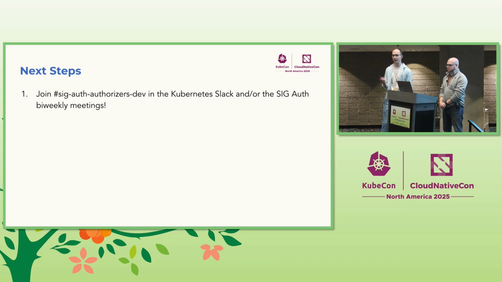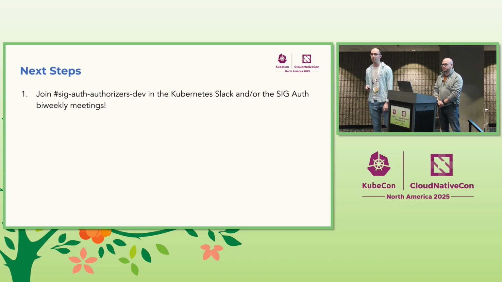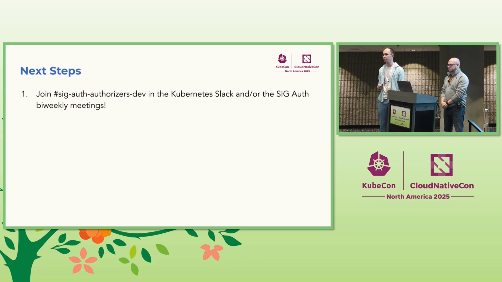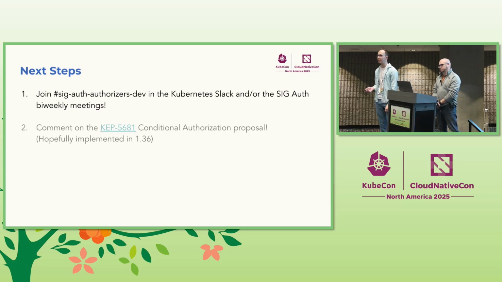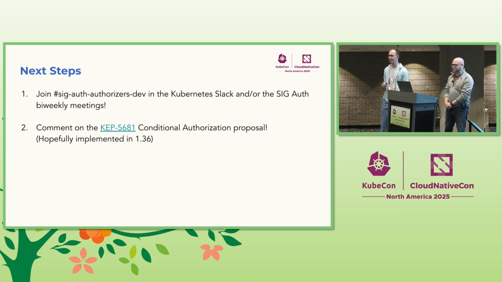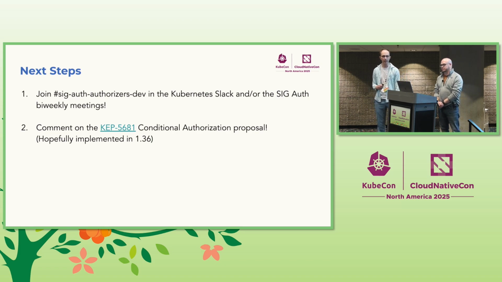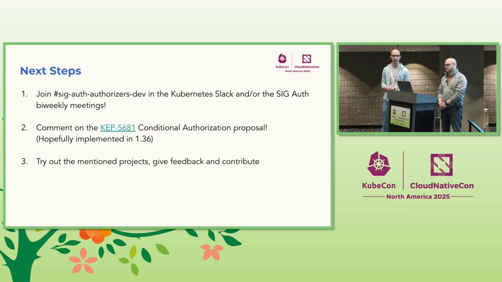But the key takeaway is that if you're interested in this type of feature, you should join the SIG Auth calls, the special interest group for everything authentication and authorization in Kubernetes. In the Kubernetes Slack there is a SIG Auth and a SIG Auth authorizers dev channel. There are bi-weekly meetings. The Kubernetes enhancement proposal is up for review, we just uploaded it this week, and hopefully we'll get to implementation at some point as well.